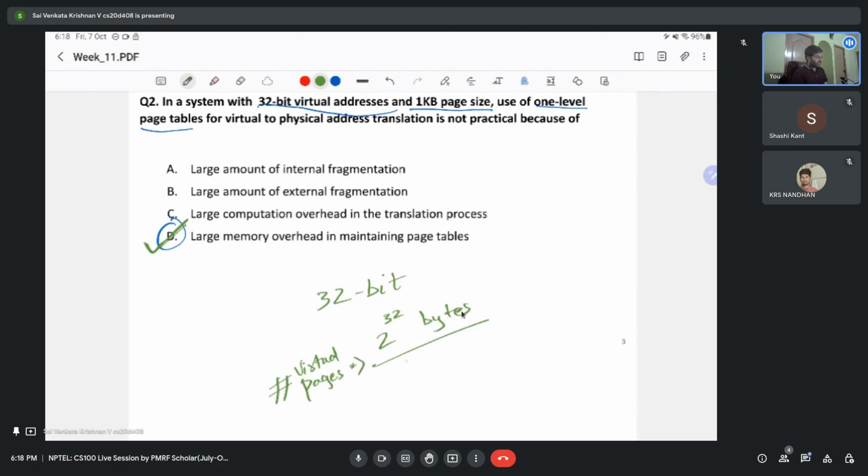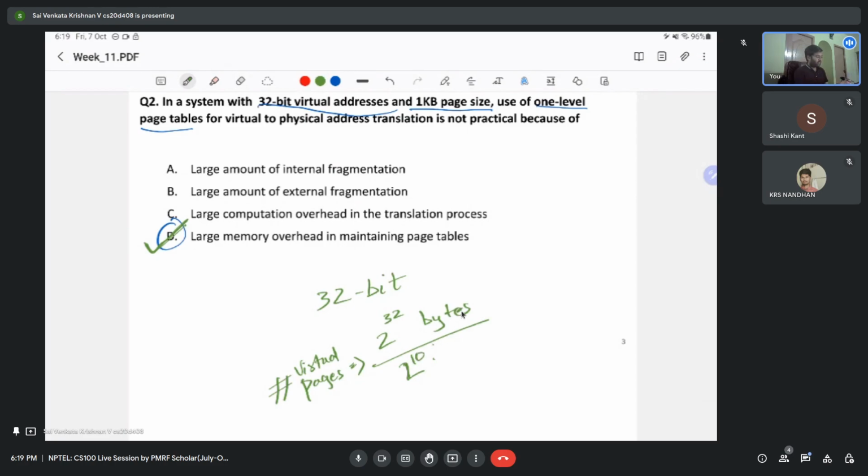would be 2 power 32 divided by 2 power, is it 12? I guess so. Sorry, 2 power 10, okay.